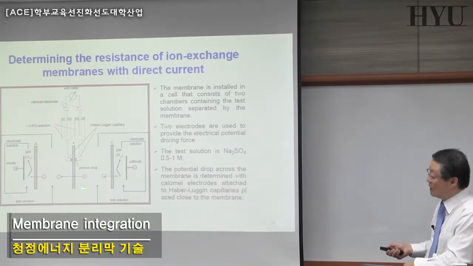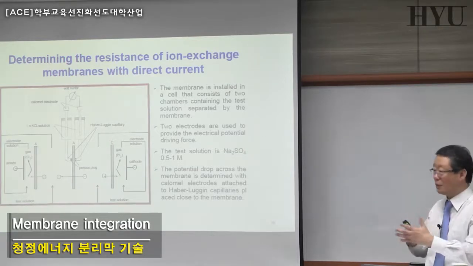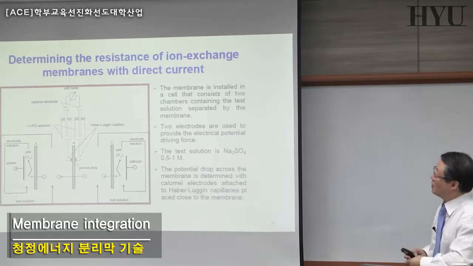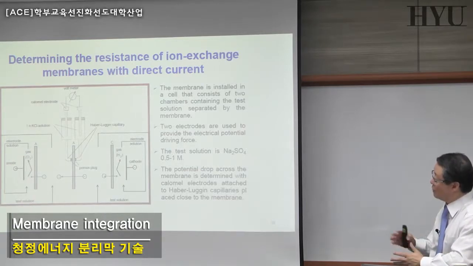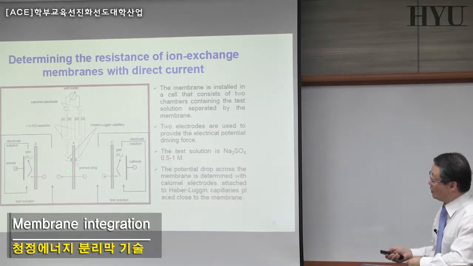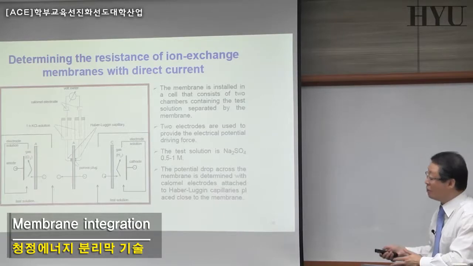Whereas if there are any positively charged ions in the solution, then they will be collected on the cathode side. So this way, you can have the flow of the ions using this ion exchange membrane. If there is no charge, then there is no flow across the membrane.